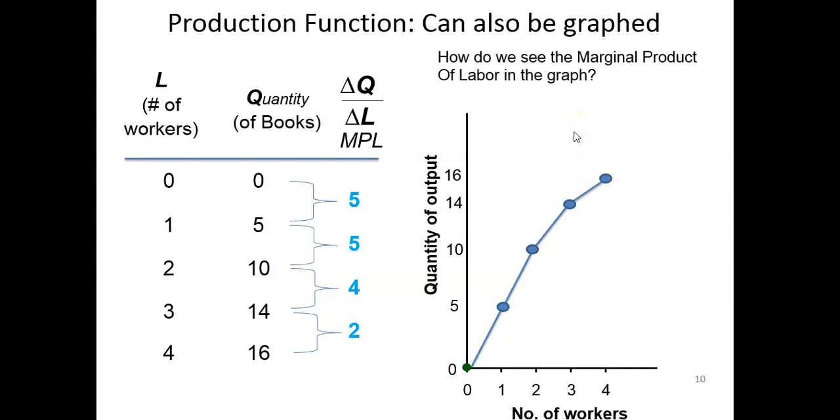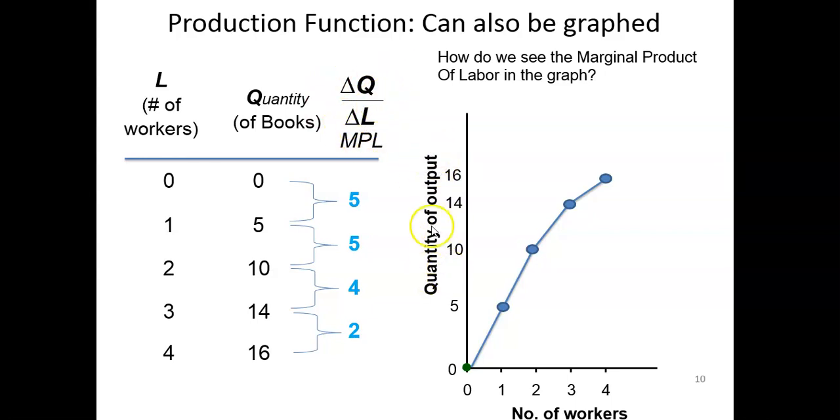Now, how on this graph do we see the marginal product of labor? Because it's not literally or exactly on the graph, right? The workers are on the graph and the output is on the graph. Remember, though, that's the same variables, but we're looking at the change in those variables, right?